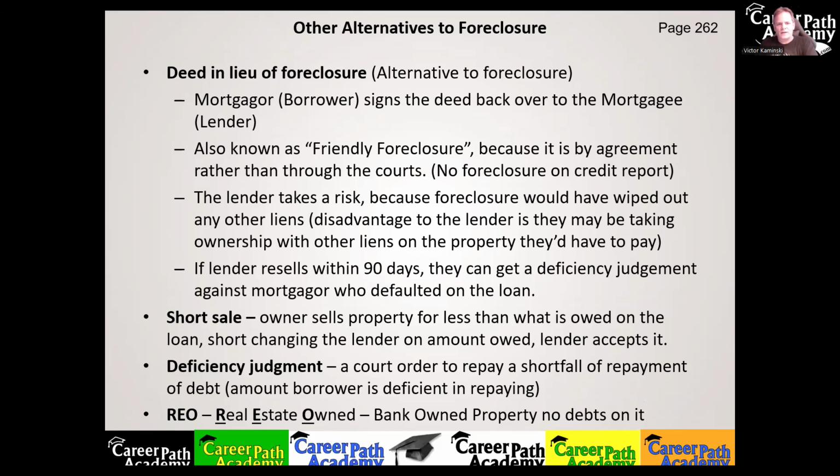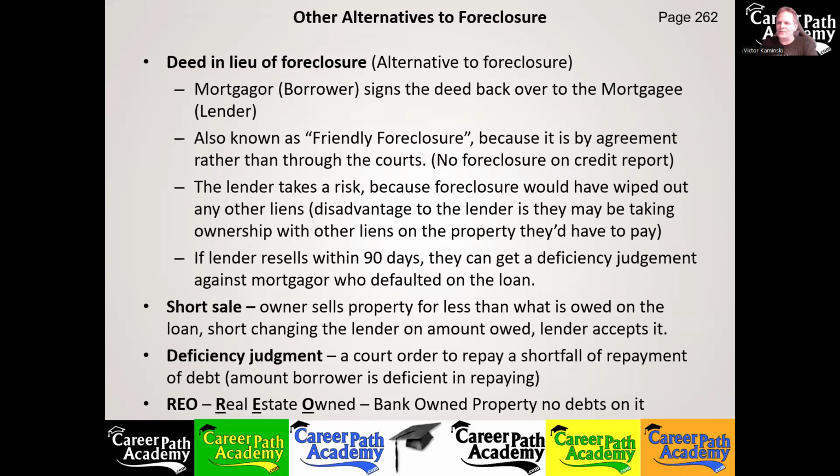So a lender, even though they may accept a deed in lieu of foreclosure, they're never going to give you a satisfaction of lien document when they just accept the deed back.